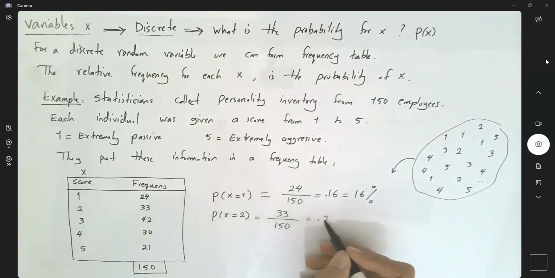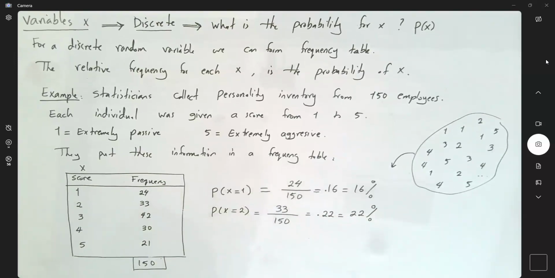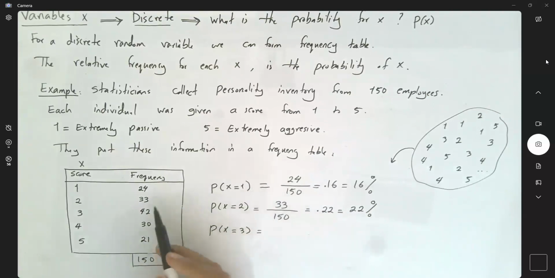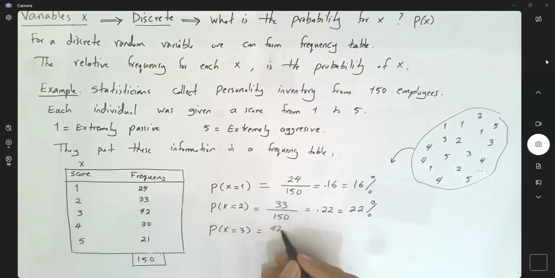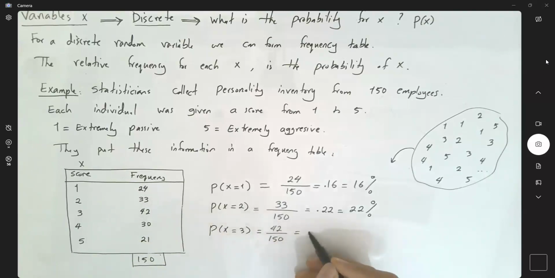This is 0.22 or 22%. The probability that X is equal to 3 is 42 divided by 150, which is 0.28 or 28%.